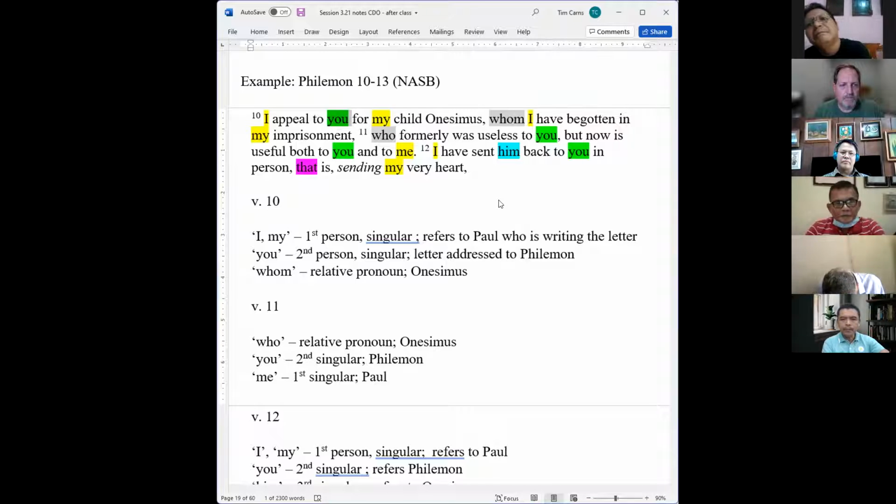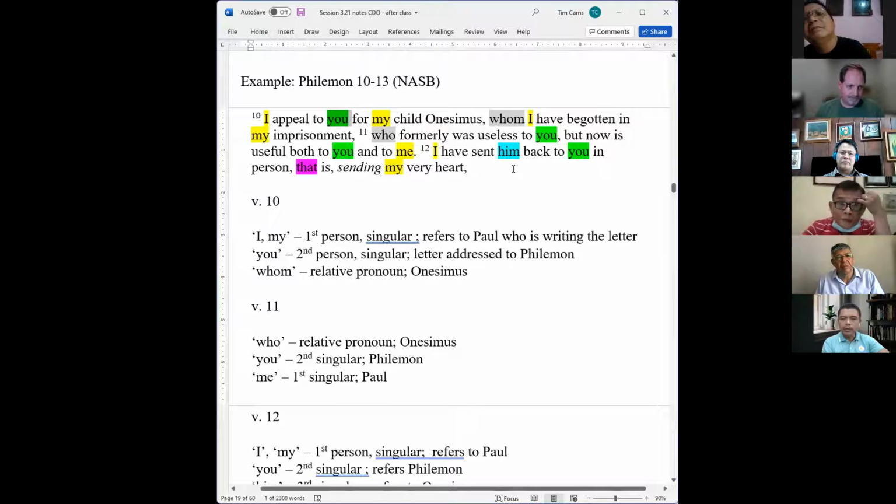This one, Pastor Tim: "useless to you." So we know the story that this "you" points back to Onesimus or Philemon? The "you" here is Philemon, because the one useless here is Onesimus, because of the conflict between Onesimus and Philemon.